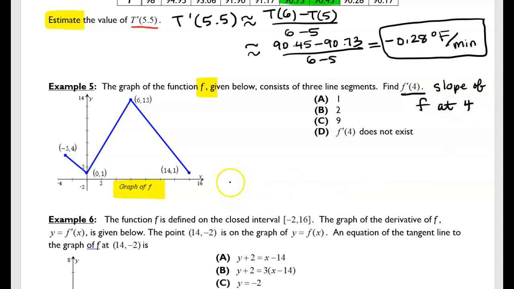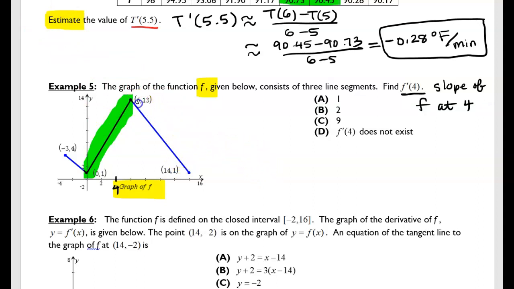Now pay close attention to this graph. You'll notice that the axes are ticked off every 2. So 4 is actually right here, and so I want to find the slope at this point. That means I want to find the slope of this segment. So since it's a whole line, I can find the slope of the whole line.